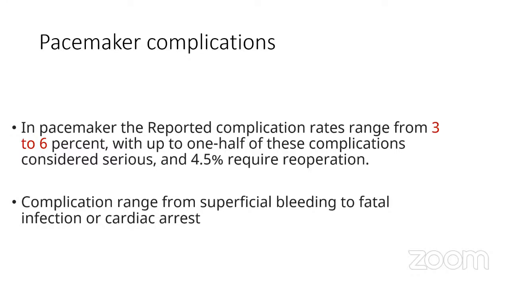Generally, like any invasive procedure in the hospital, with a pacemaker the reported complication rates range from 3 to 6%, with up to half of these complications considered serious, and 4.5% requiring reoperation. Complications range from superficial bleeding to fatal infection, cardiac arrest, and also cardiac perforation.